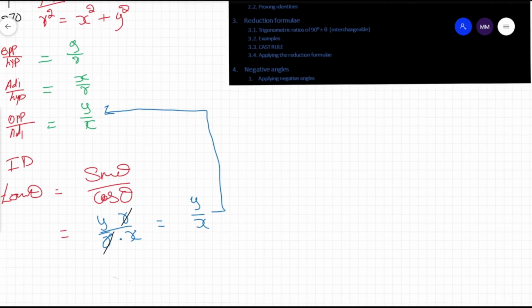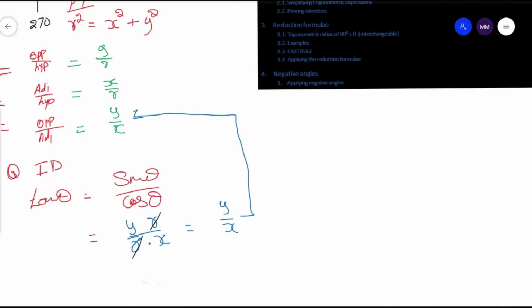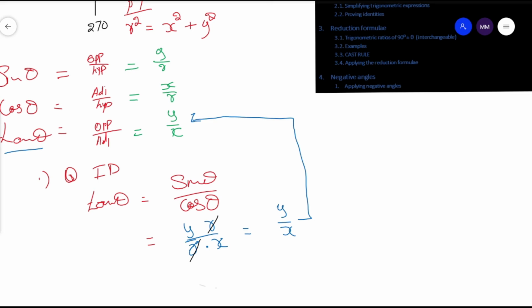The second identity that we're going to be looking at is called the square identity. So number 2, I'll call it the square identity. It states that the square of the cos theta plus the square of the sine theta equals 1.